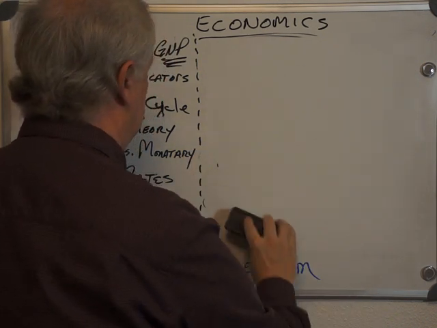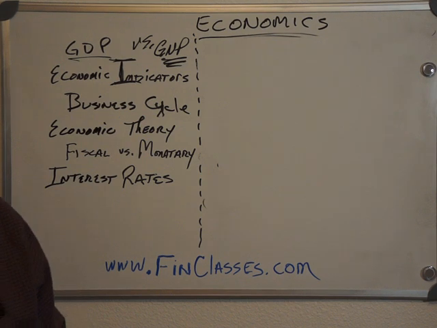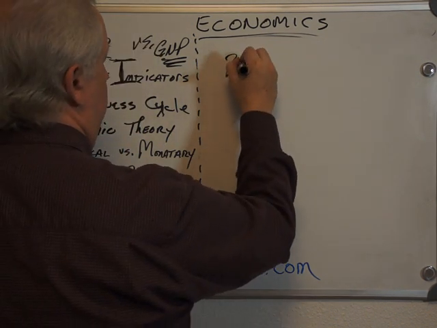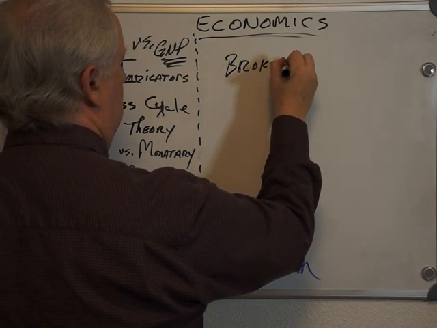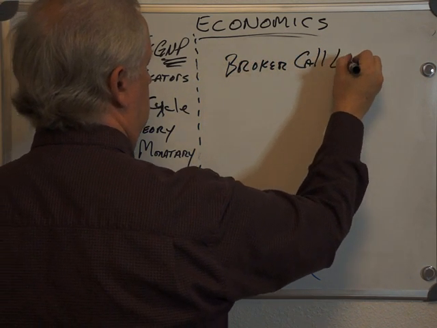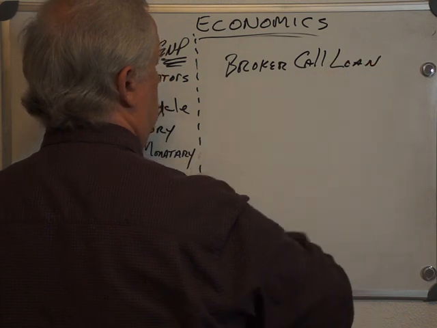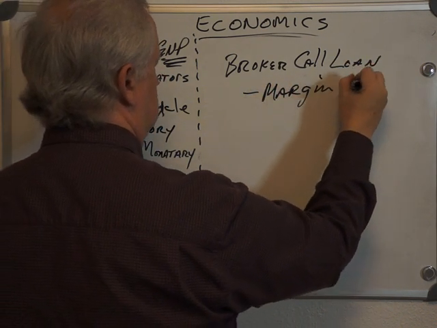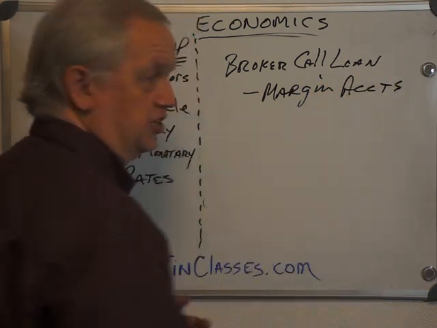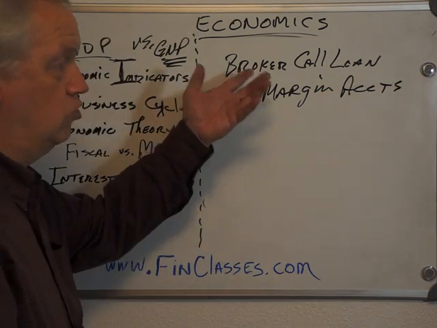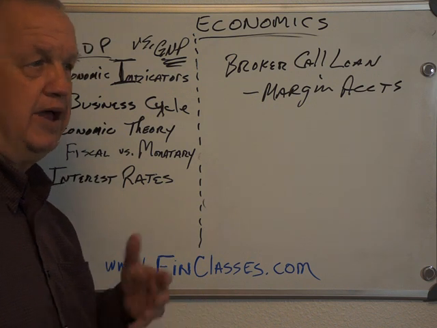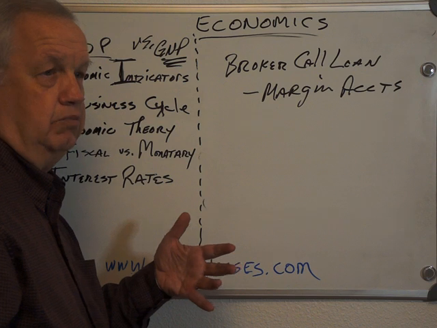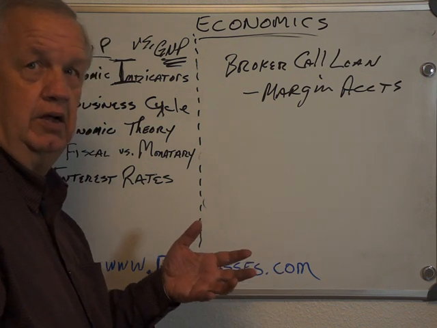Let's finish up the last couple, then I'll let you go. Don't go away now. Hold on. So the broker loan rate, or the broker call loan rate, margin. For margin accounts, a local bank, a commercial bank, basically the broker-dealer is a customer of that bank.